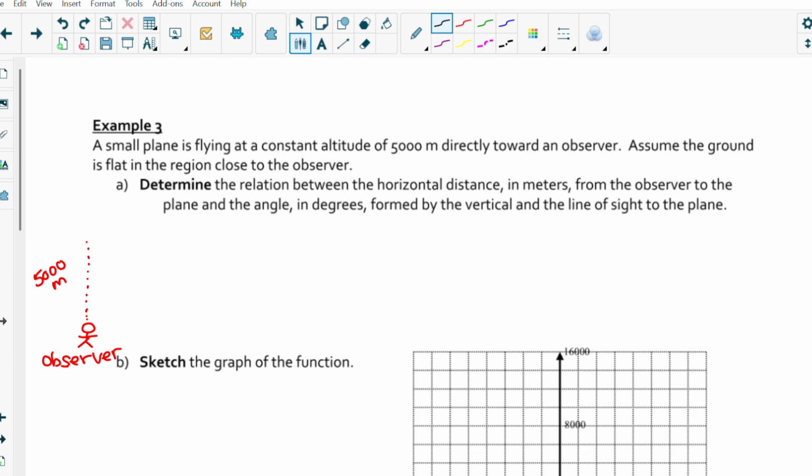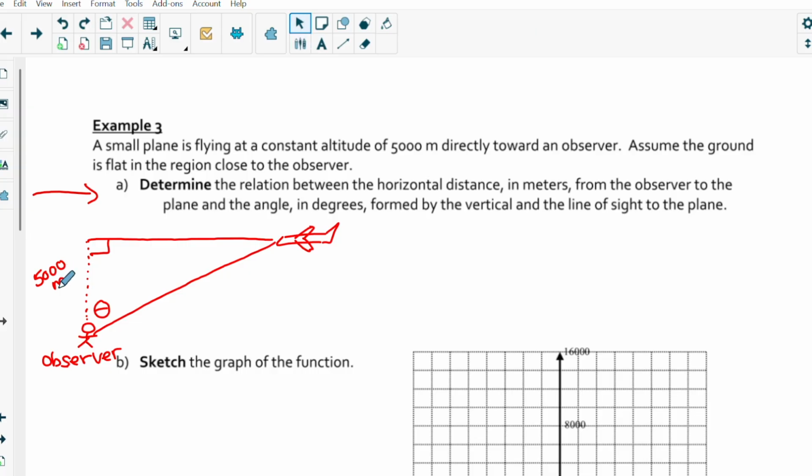Okay, flying towards an observer, so here's my plane. And then here's the line of sight from the observer to the plane. And by definition, from the example description here, we'll call that theta. This is a right triangle.